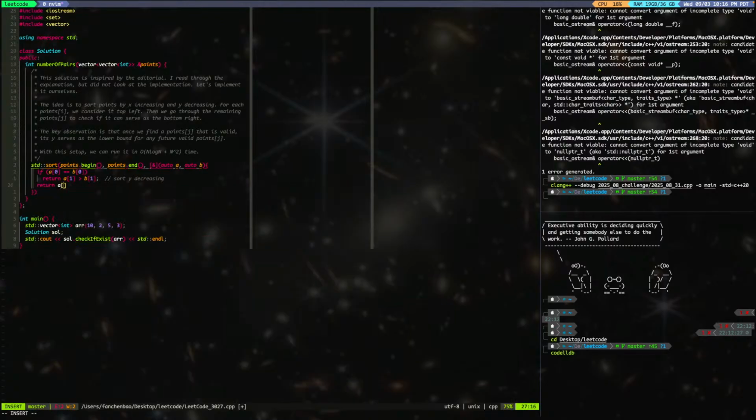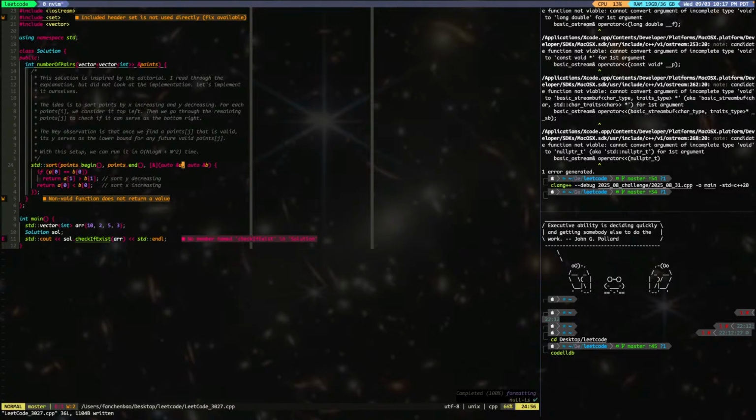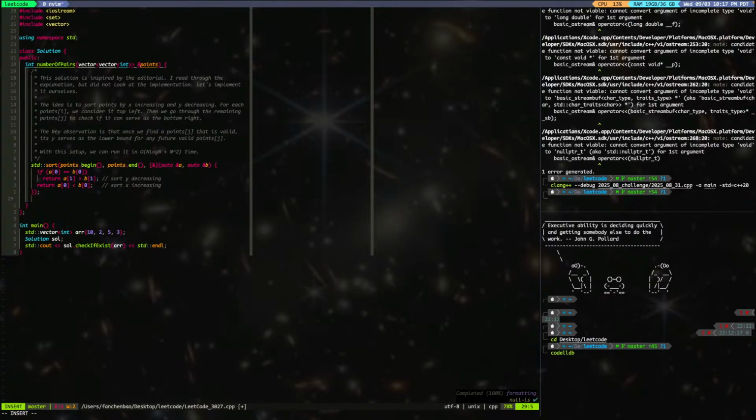Otherwise, return A0 smaller than B0, sort X increasing. Okay, so now we first sort it. After we sort, we have a result variable.